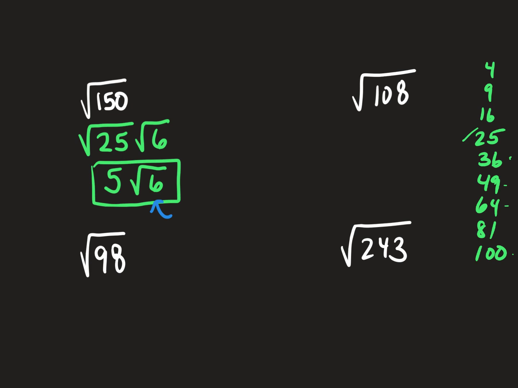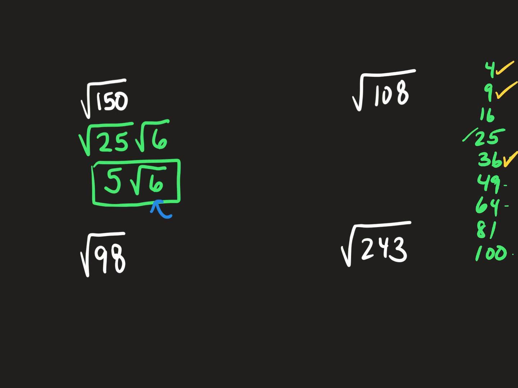Now 108 is kind of a tricky one because 108 can divide by lots of them. 108 divides by 4, 108 divides by 9, 108 does not divide by 16 or 25, but it also divides by 36. And I'm simply just getting that I could just use a calculator: 108 divided by 4, 108 divided by 9, 108 divided by 36.